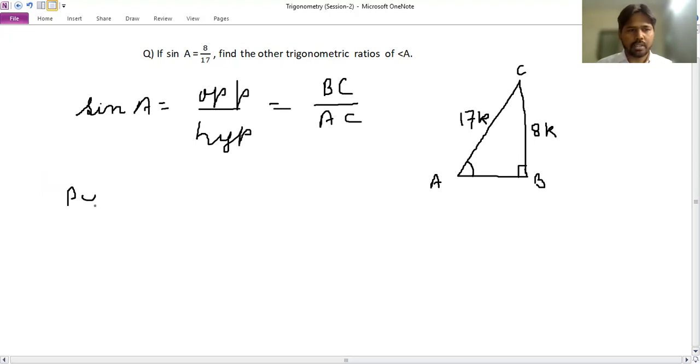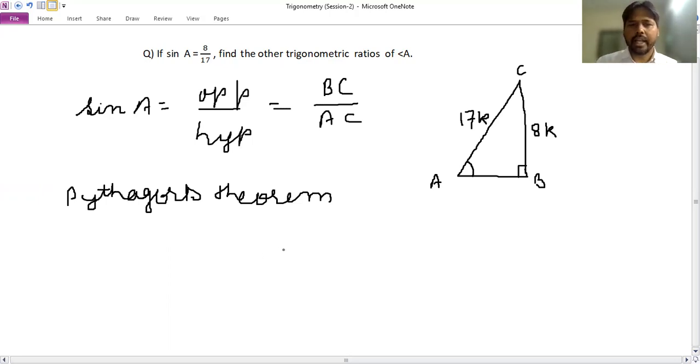Now see, this Pythagoras theorem will be applied only in the case of a right angled triangle, and in this triangle ABC we have a right angle at B. So we will directly use the Pythagoras theorem to calculate the value of AB: AB square will be equal to AC square minus BC square.